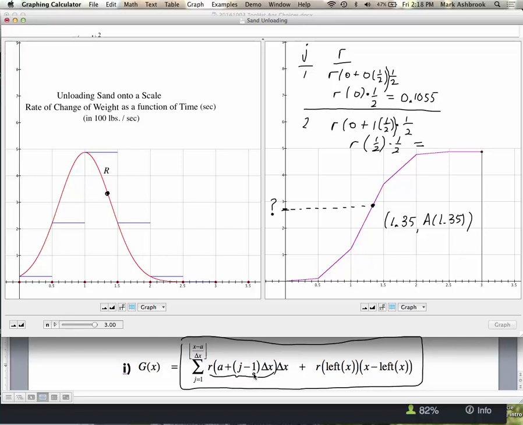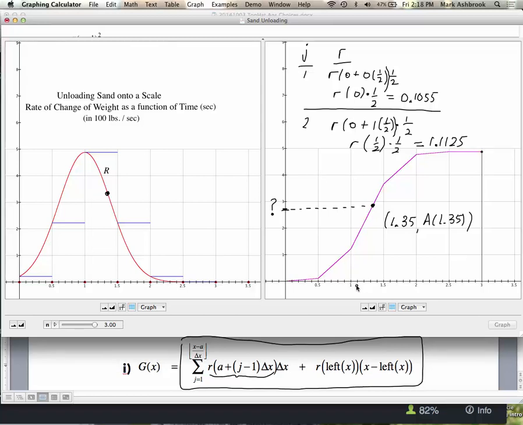We're in the second interval now, so J minus 1 is 1. So 0 plus 1 times 0.5. That rate times 0.5. And what did I say the rate of 1/2 was? 2.225. So we get 1.1125. What is 1.1125? It's R times delta x. So it's the R function, our second step rate, times delta x.